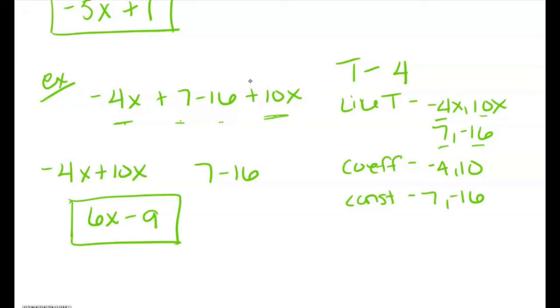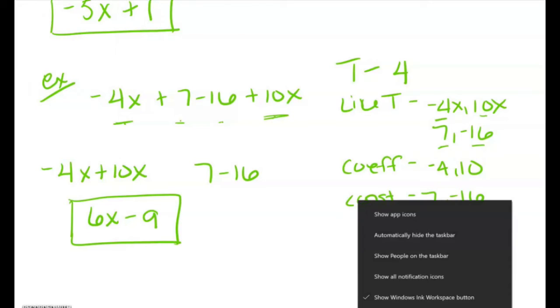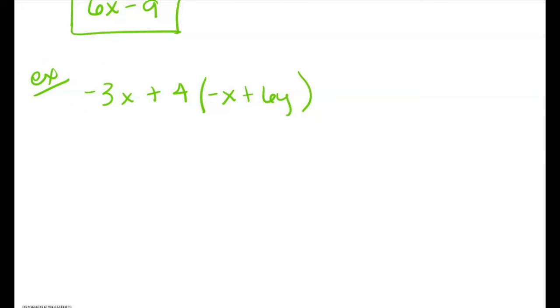All right. I'm going to do one more for you. This one's going to be a big one. Negative 3x plus 4 times the quantity negative x plus 6y. Okay, we're just going to solve this one. We're not going to write out the terms. I feel like we've done that several times now, and there's a couple of examples in your book. This is going to utilize the skill that we learned yesterday with the distributive property.